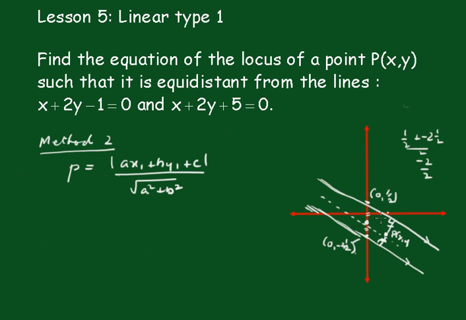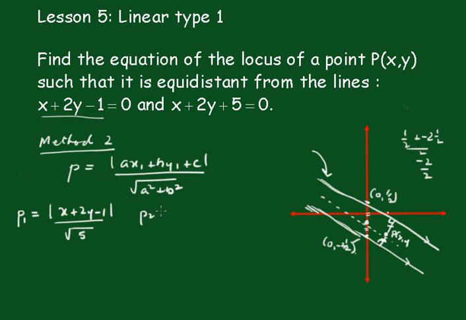Starting off, looking at this line, we can say the first distance, p1, is equal to x plus 2y minus 1, because it's a general point, all over the square root of the coefficients squared. That's 1 squared plus 2 squared, which gives 5, root 5.